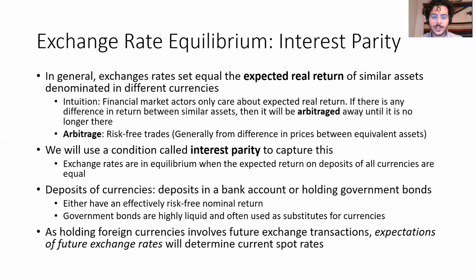The condition we're going to use is called interest parity. Interest parity holds when the expected return on deposits of currencies are equal. And when that's true, exchange rates are going to be in equilibrium. By deposits of currencies, we're thinking about deposits in a bank account, or what is basically equivalent, holding government bonds.